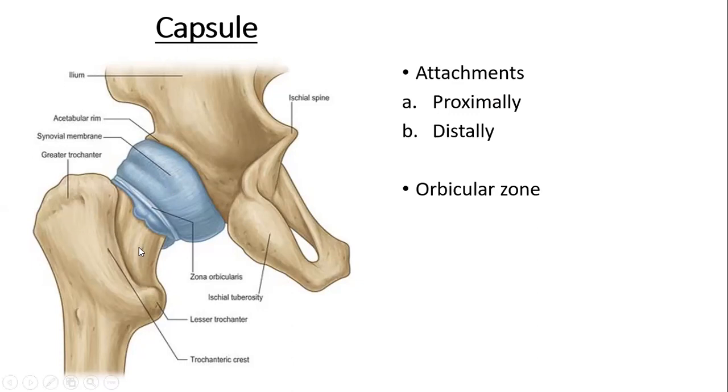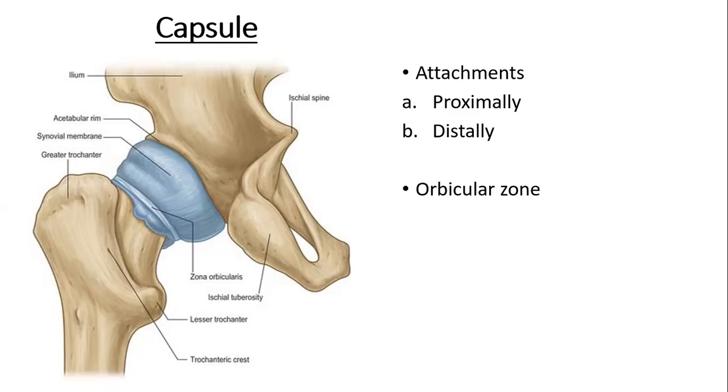But posteriorly, these fibers do not reach up to the intertrochanteric crest, but remain proximal to it, getting attached over the posterior aspect of the neck of the femur.